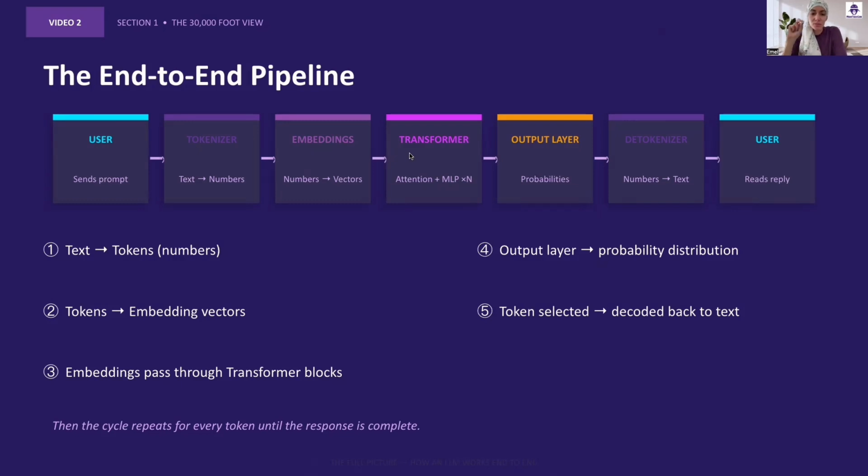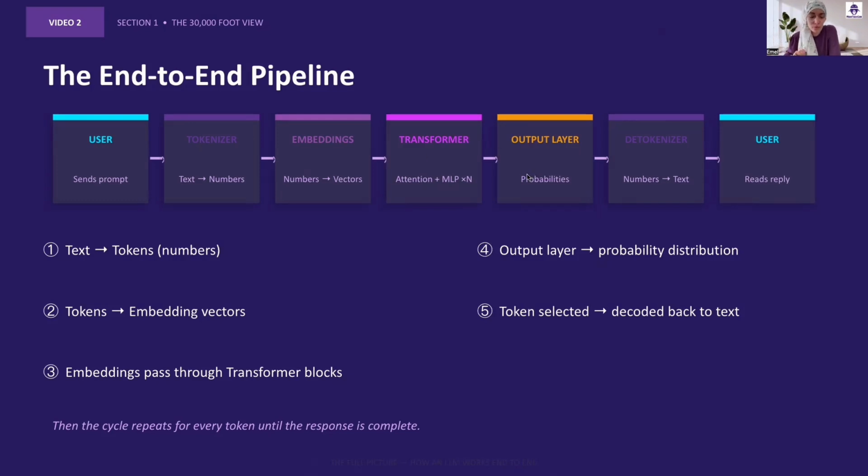The embeddings pass through transformer blocks. This is the main core of the model. Multiple layers of attention and multi-layer perceptron that progressively build an understanding of context and meaning.